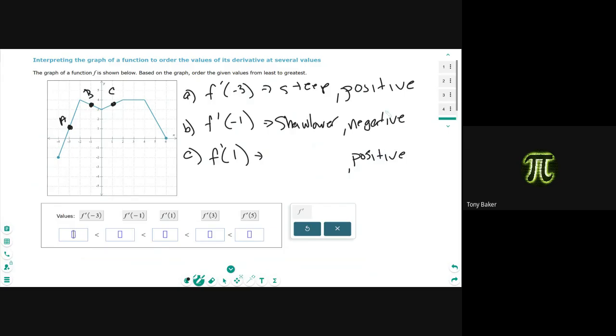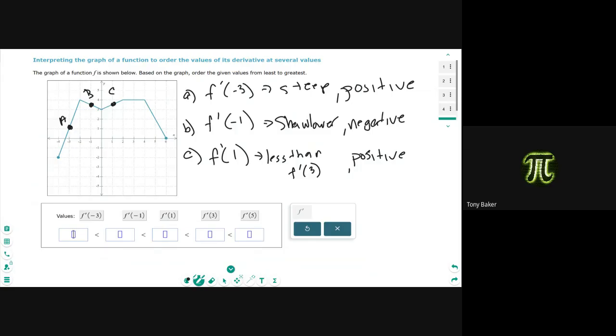It's a little shallower than the -3, right? Because if you look down here, what's this question asking you to do? We're going to have to put these in order. Okay, so it's less than the f prime of 3 in terms of shallowness or steepness.